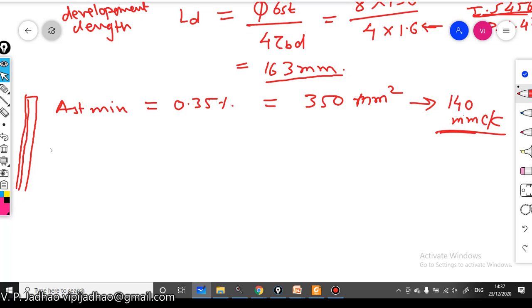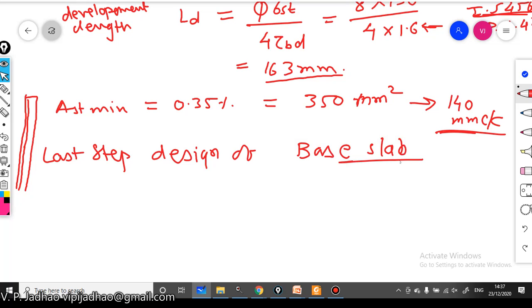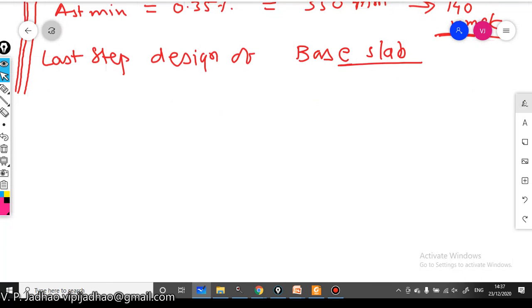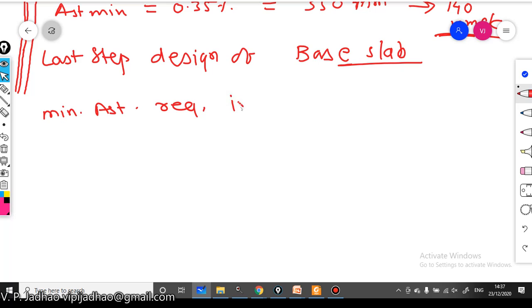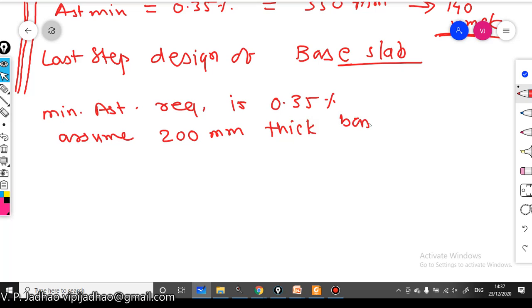Now the last step is design of base slab. As per the general requirement of your water tank, as per IS 3370, the minimum AST required shall be 0.35%, and let us assume a 200 mm thick base slab.